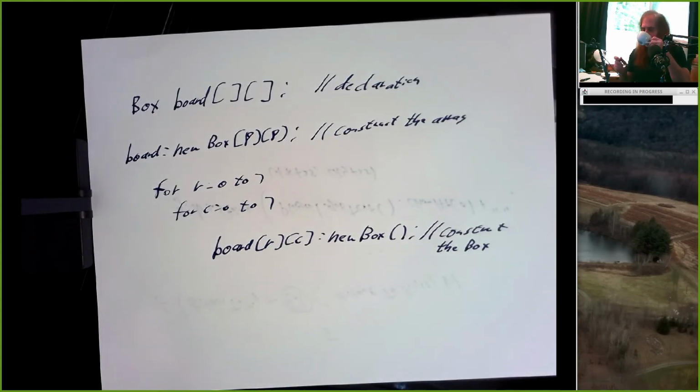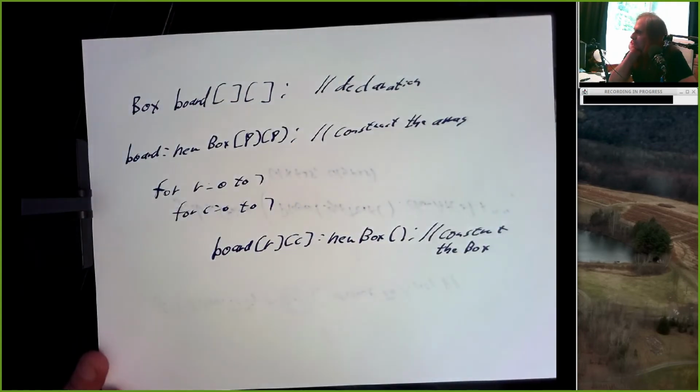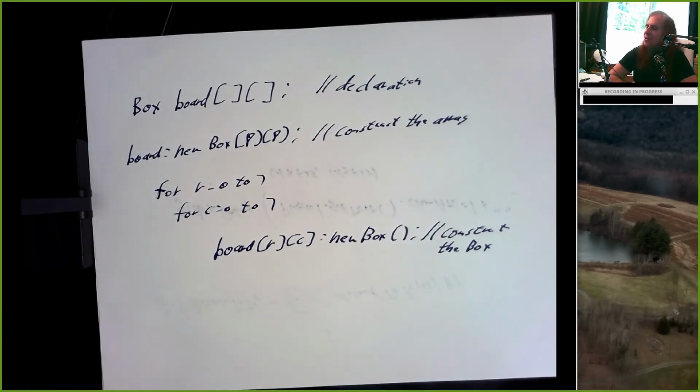Is there an inline way to declare, or I guess construct, the array and the objects at the same time? I don't think so. I mean, I can do these two on the same line. It would almost have to be some particular thing in the language made just for that, because I don't know of any way in Java to automatically call the default constructor on each of these.